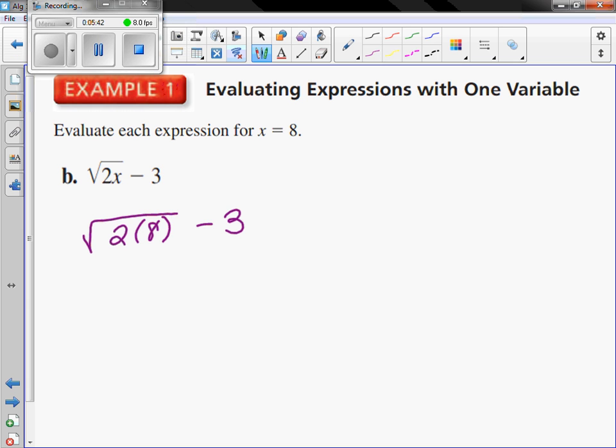Can I plug square roots in the calculator? So could I plug that entire thing into the calculator? Yeah, go on and do it. I just picked one out.